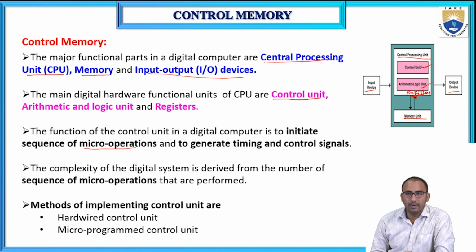Also, the main function of the control unit is to generate some timing and control signals, because the digital computer system is a collection of various modules. In order for all these modules to work properly, it requires some timing and control signals, because all the digital modules have to coordinate with each other in order to perform a dedicated or specific task.